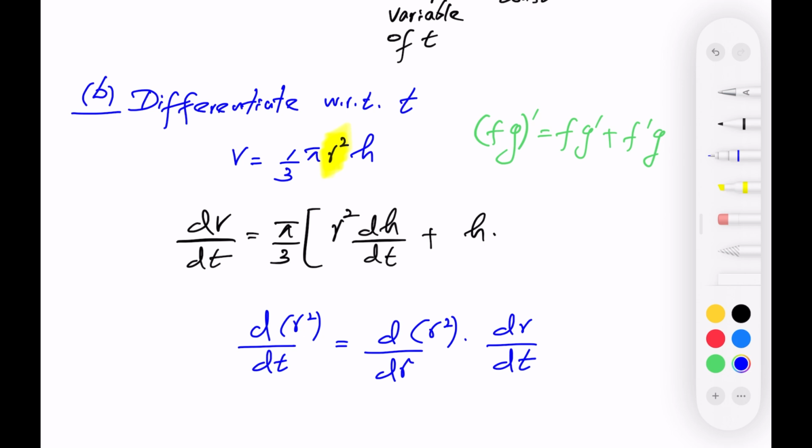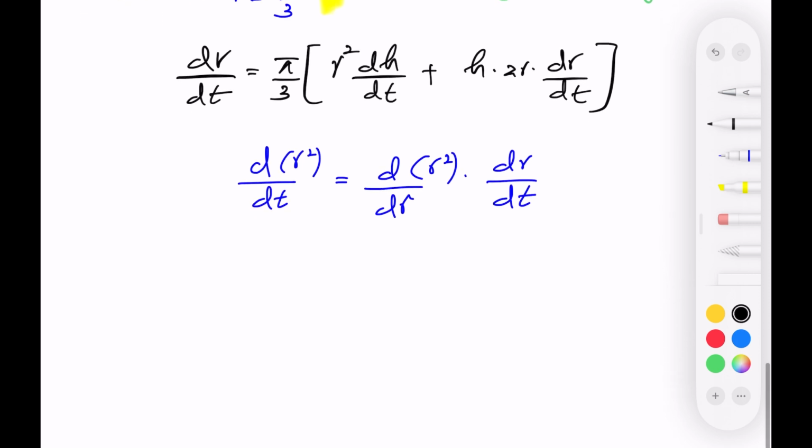We saw this in implicit differentiation, and also we have seen this under chain rule. So this first part, r squared differentiated with respect to r itself, is just 2r. That times we need to write down the term dr by dt. That's the complete differentiation with respect to time t.